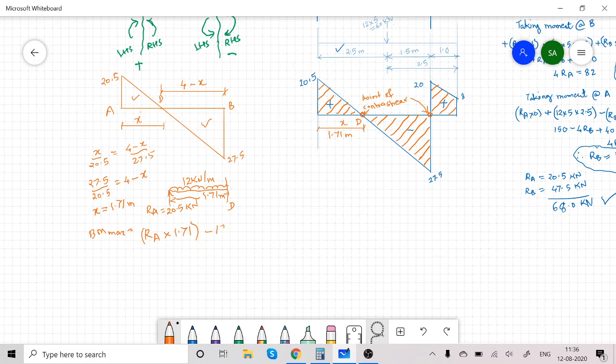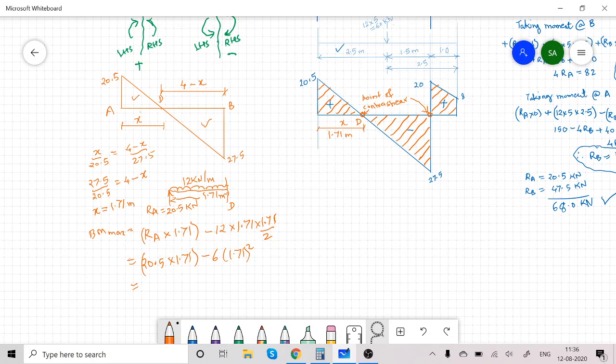Minus 12 into 1.71 into the distance of this UDL's center, that is 1.71 divided by 2. So substitute the value of RA, 20.5 into 1.71, minus 6 into bracket 1.71 square.